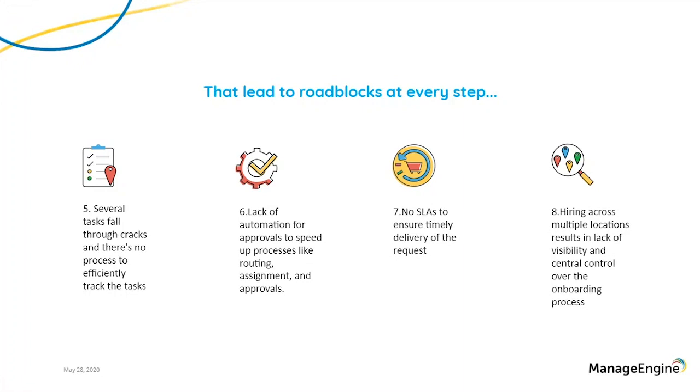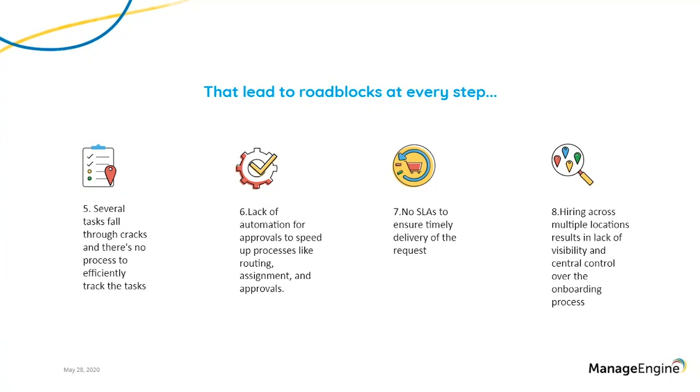You also wouldn't have an automation process to speed up the routing process, which assigns the right group to the right tasks, the right approvals to the key stakeholders, and also the right assignment to technicians, right? If all these pointers are not there, you cannot expect a timely delivery of the service request.